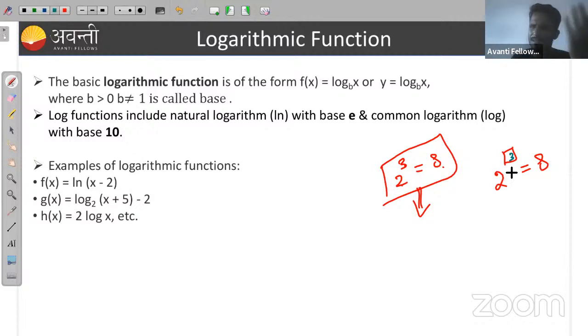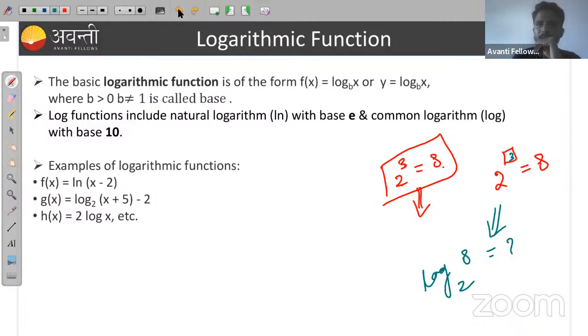So you will tell that sir ये 3 होता है इसका आंसर. ठीक है. That same thing को लिखने का तरीका है. I can write it by asking this question: what power should 2 be raised to, to get 8? So I'll ask you, ठीक है, log 8 to base 2 is what?